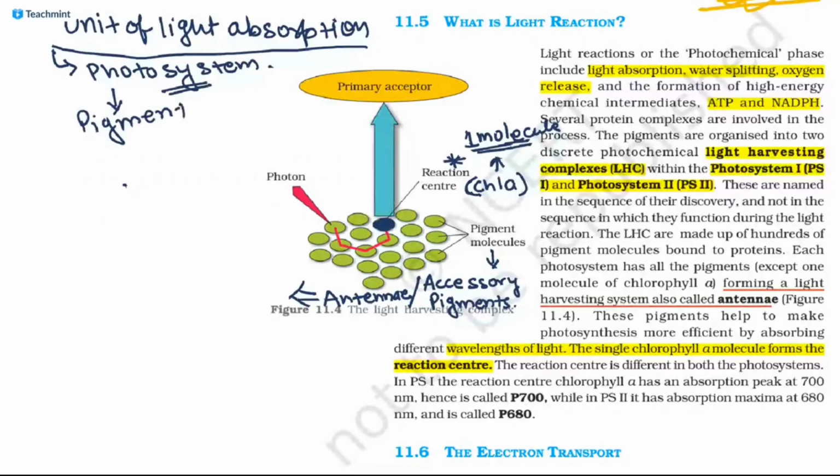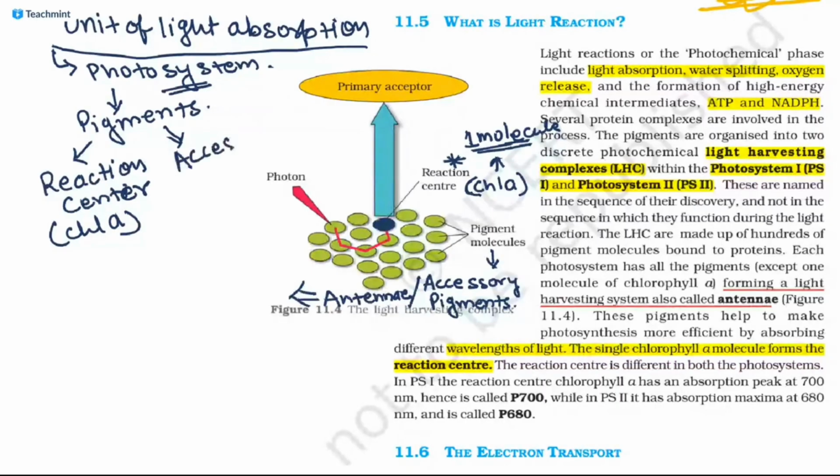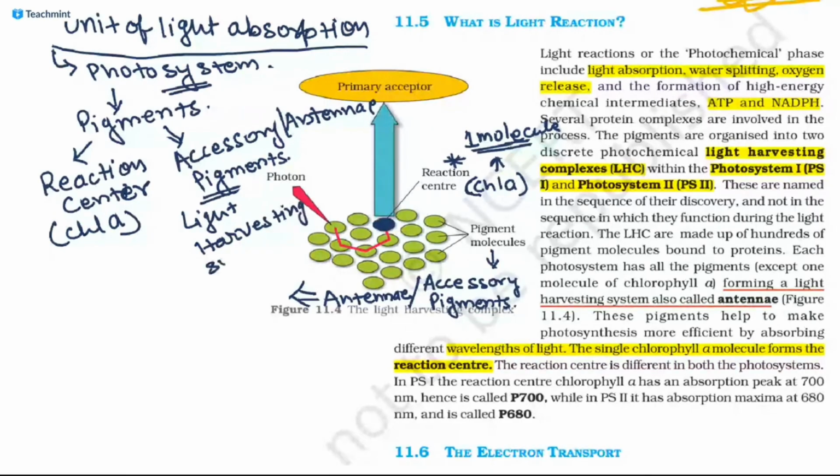These pigments will have a reaction center, and in this case it is one molecule of chlorophyll A, and the reaction center is surrounded by the accessory pigment. We will also call these accessory pigments the antenna. These accessory pigments are also called the light harvesting system.